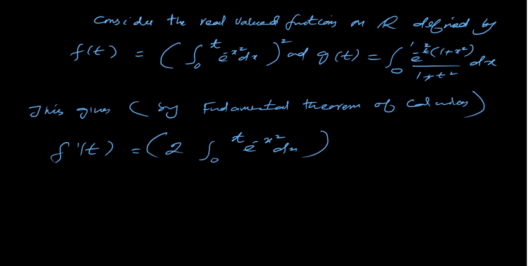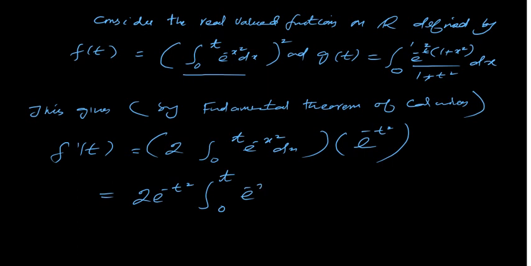Actually you are applying the fundamental theorem of calculus and the chain rule simultaneously. First you apply the chain rule, its power comes down, power minus 1, then to differentiate the integral you apply the fundamental theorem of calculus, and it gives e power minus t square. So this is equal to twice e power minus t square times the integral 0 to t of e power minus x square dx. This is your f dash t. Now for g, what do we do?